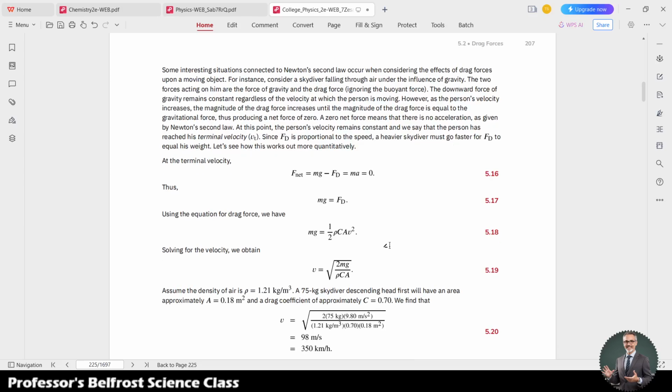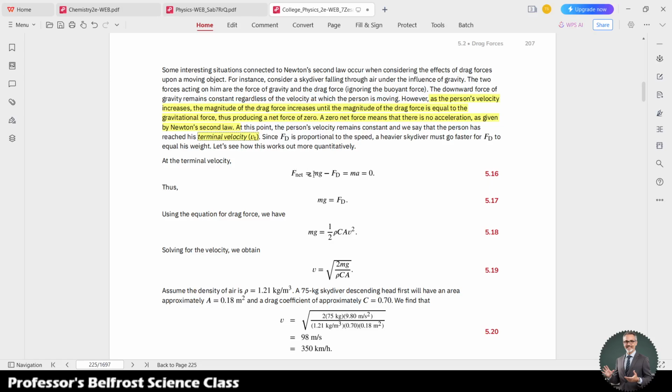At the terminal velocity, as the person's velocity increases, the magnitude of the drag force increases until it is equal to the gravitational force, thus producing a net force of 0. And it means there is no longer acceleration, and it reaches the terminal velocity.